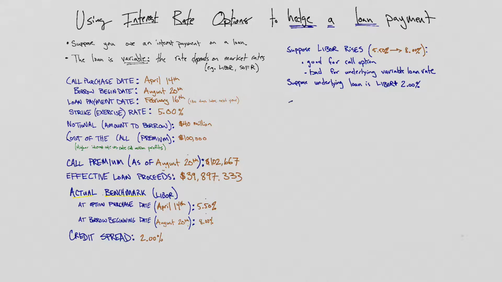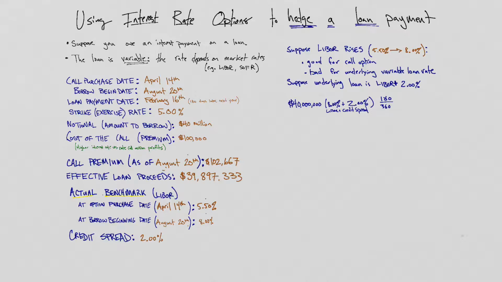So if we just look at the cost of the underlying loan, the $40 million, we know that LIBOR has risen to 8%, and then we also pay not only LIBOR on this loan, plus the credit spread. That was at 2%. But both of these are annual rates, and so we need to de-annualize that by the actual length of this, which is a 180-day loan.